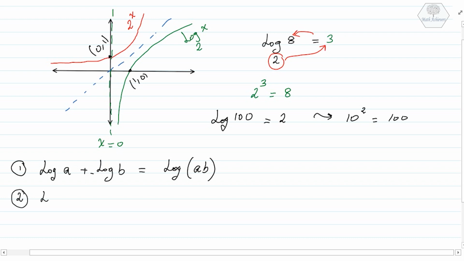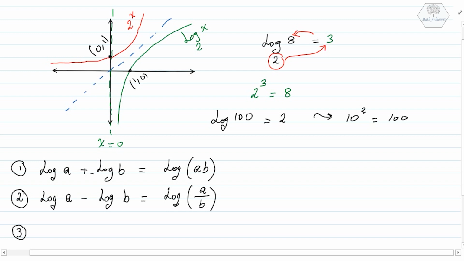Rule number 2. If I have log A minus log B, then this is equal to, when I subtract, I divide the values inside, log A over B. Rule number 3.